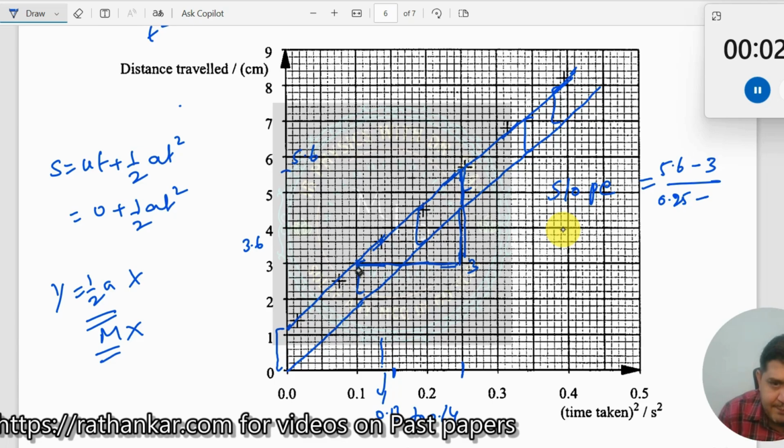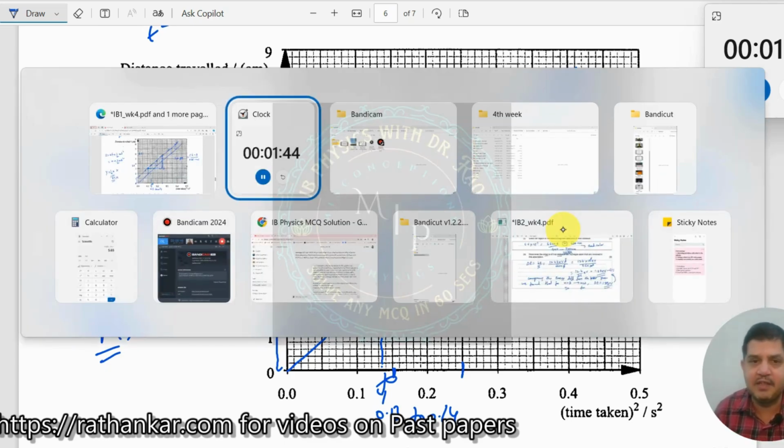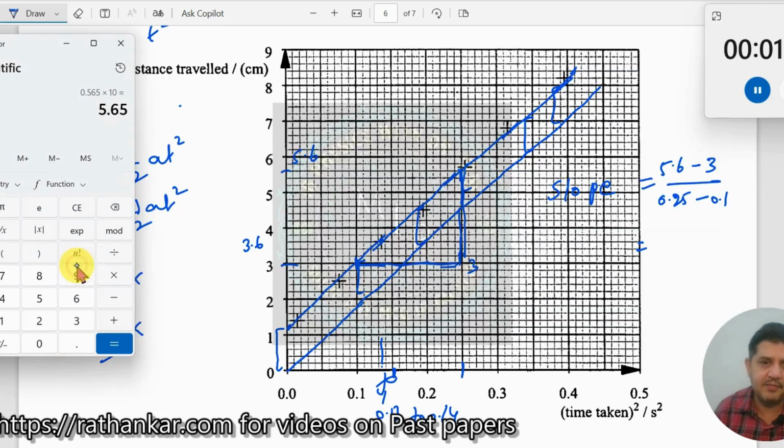This is the point we need to look at. We made a mistake here. So this would be 3, correct? Yes, this is 3 here. That's right. And this value would be 0.1. Now let us do the math. Here is my calculator. 5.6 minus 3.